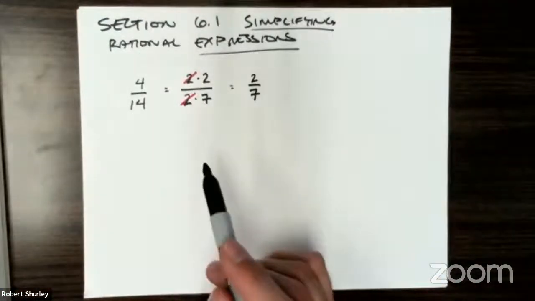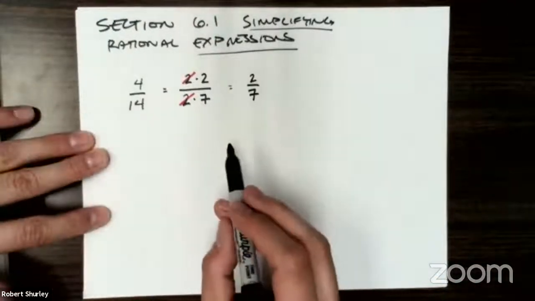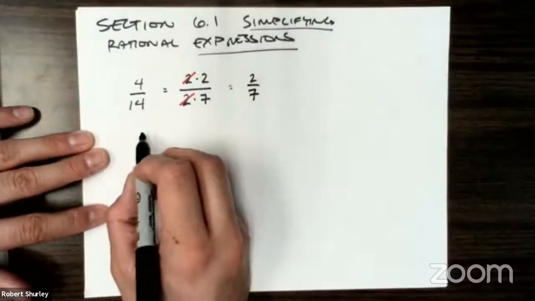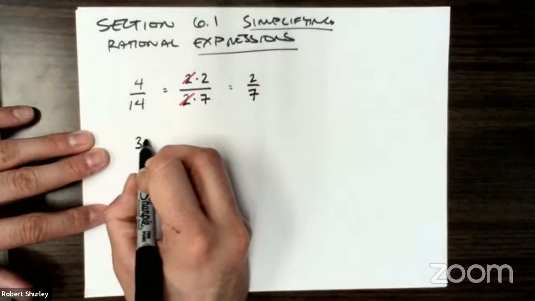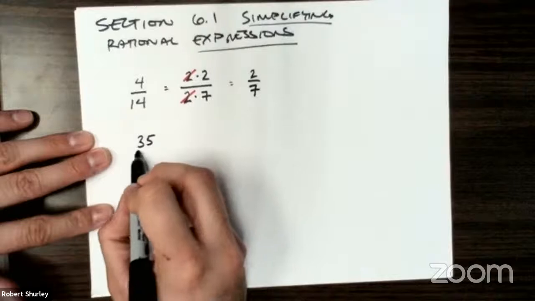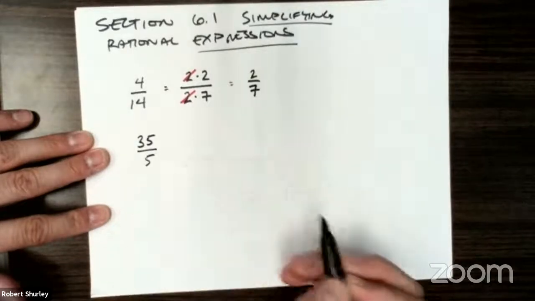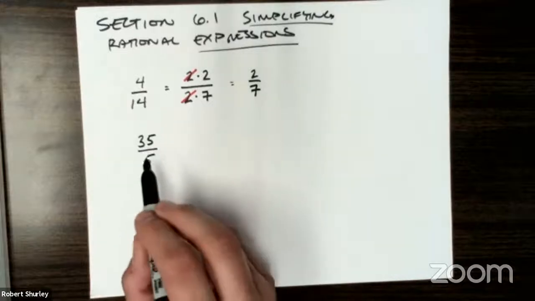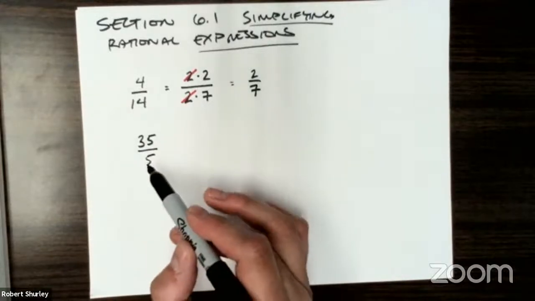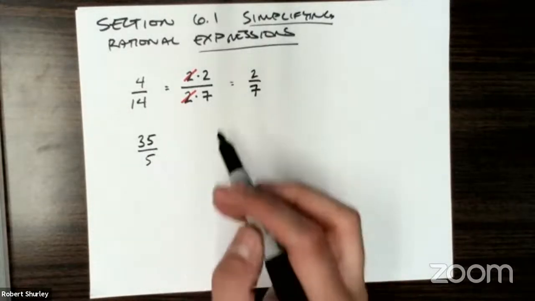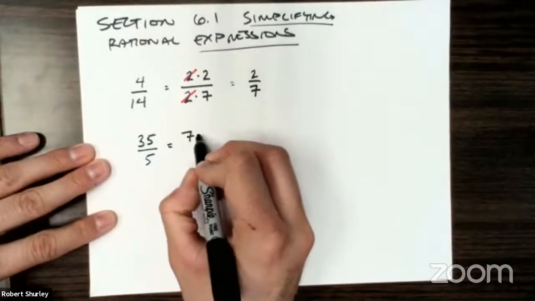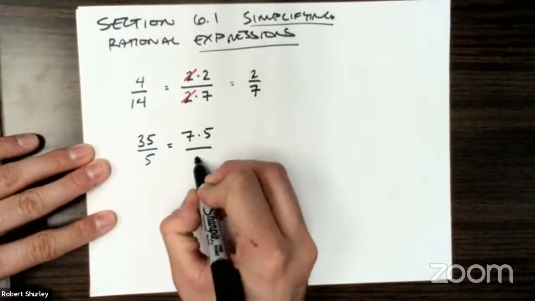So let's do some more basic ones just for fun. Let's say we had 35 over 5, something that cancels completely. Well, 5 doesn't factor, right? But the 35 does. It can turn into 7 times 5 over 5.